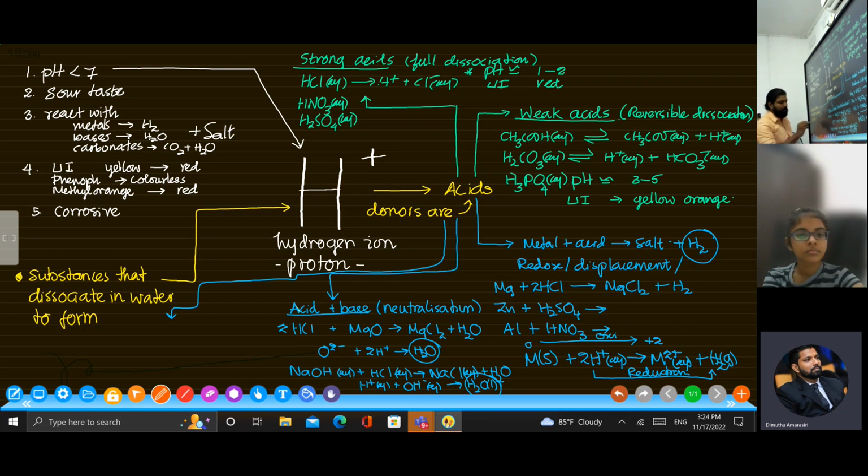Right? And finally we have the carbonate and acid reaction. Acid plus carbonates. These are the main reactions, but there are other reactions as well. Remember, carbonates are not considered as bases. They are basic salts, right? So here we have HCl aqueous with calcium carbonate. What are the products you get?